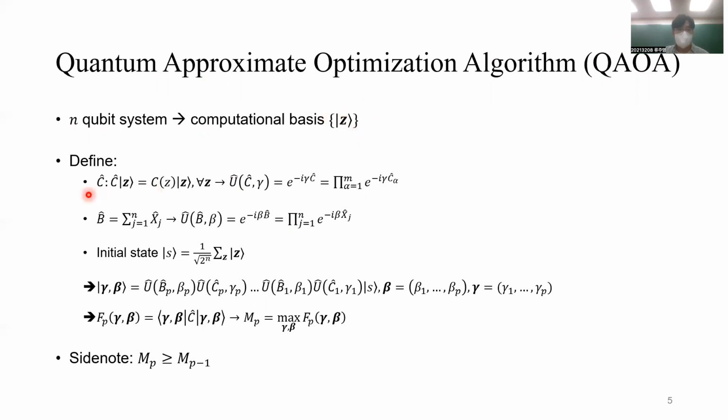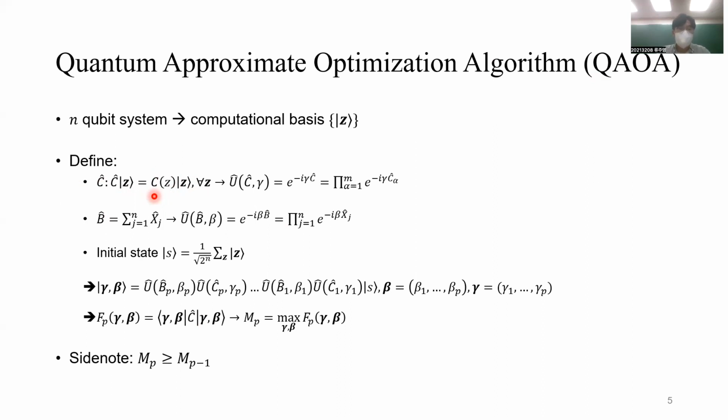And we can define these two Hamiltonians. The first one is C, where the eigenvalues are C(z) and the eigenvectors are just the z vectors. So this is just like a Hamiltonian version of the summation of the clauses that we had before.